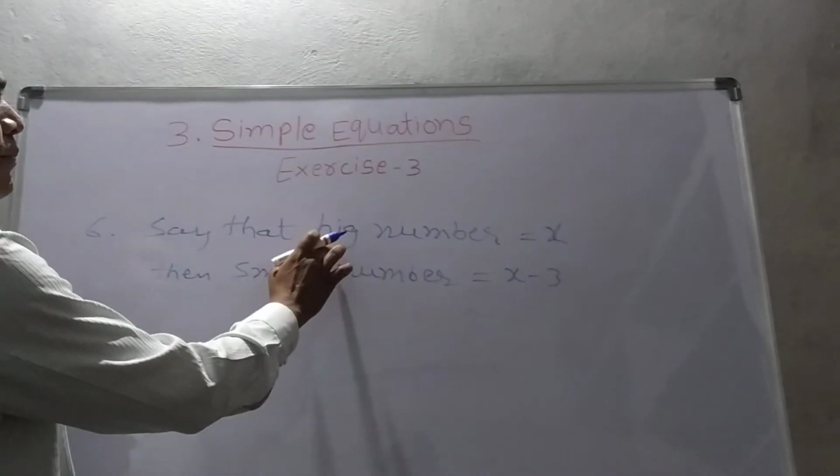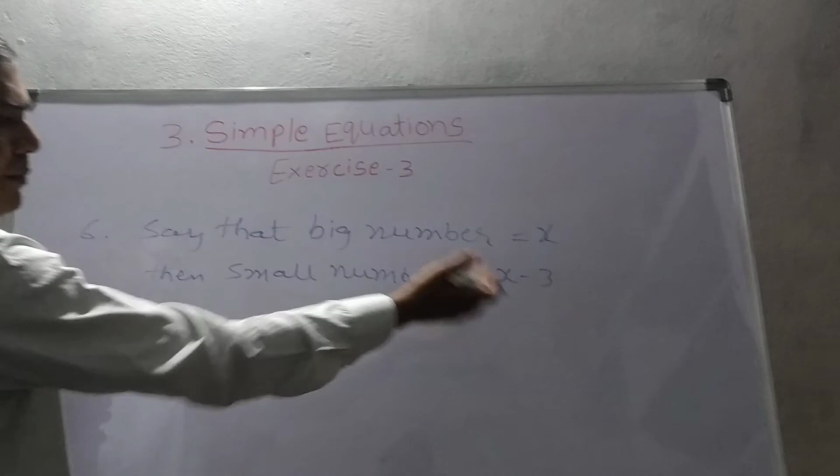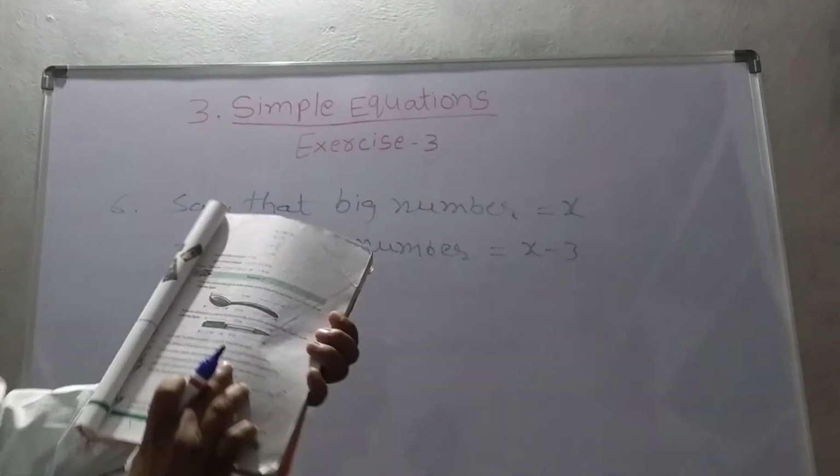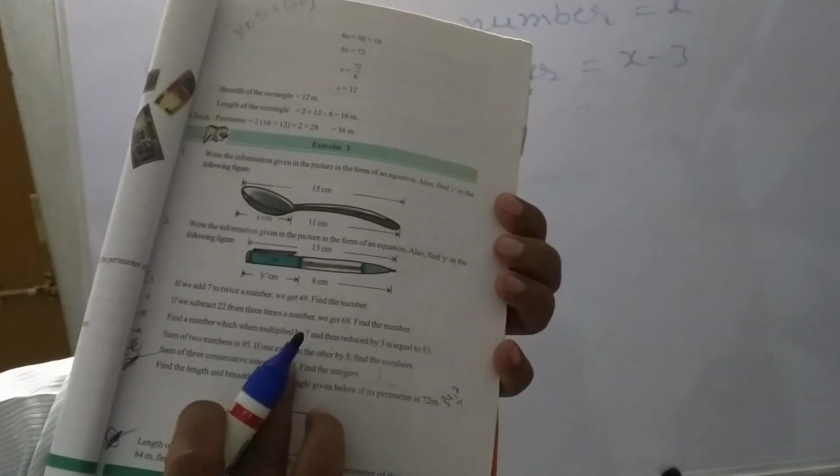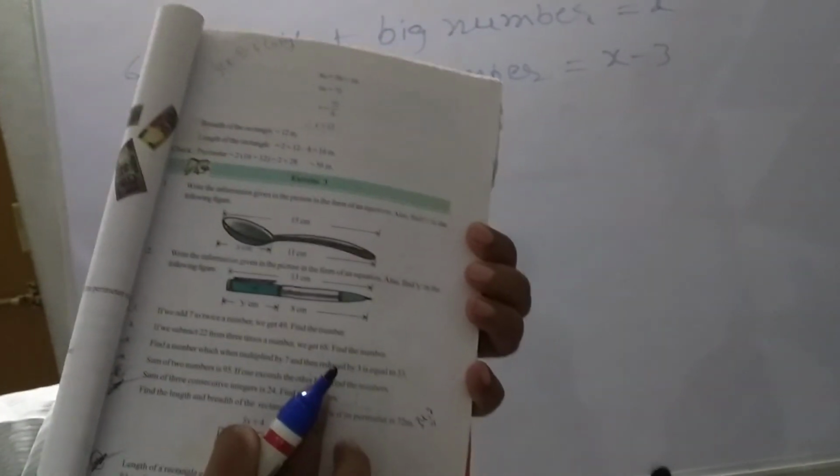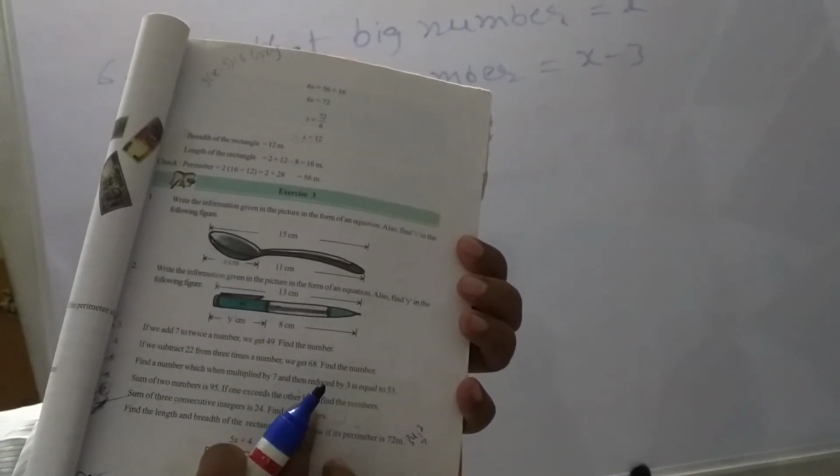If we say the big number is x, then the small number becomes x minus 3. Why? Because the sum of the two numbers is 95, and if one number exceeds the other by 3, that's why the small number is x minus 3.